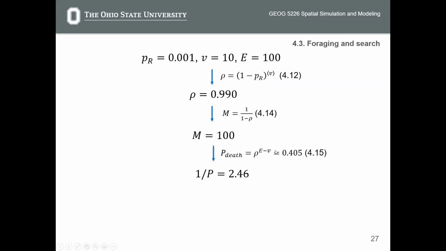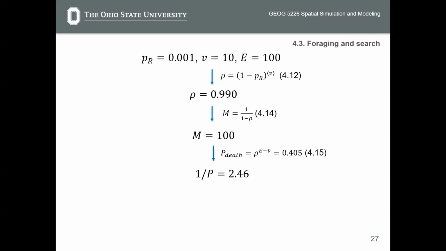It means that during a search for food, the probability of death during a search is 0.405. If we calculate the reciprocal of P death, it is equal to 2.46, which means the life expectancy of this walker is 2.46.